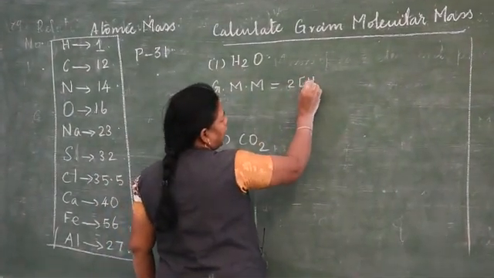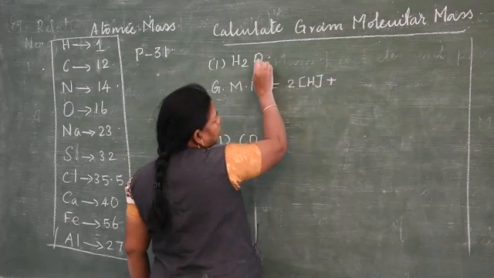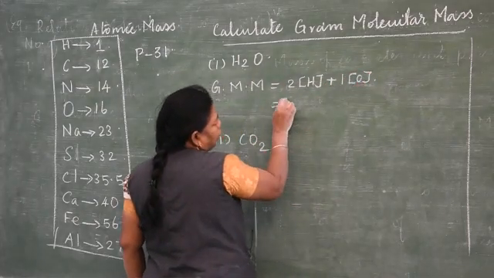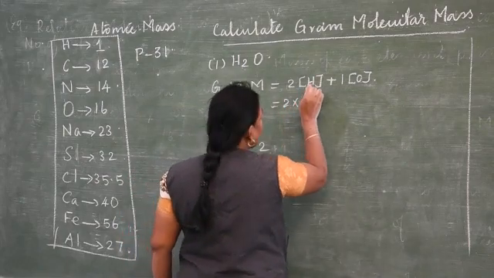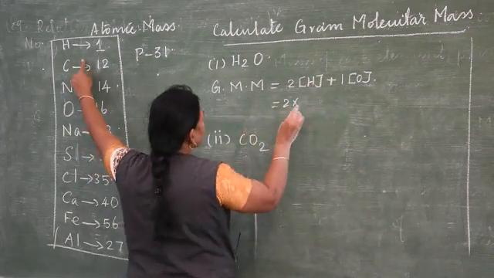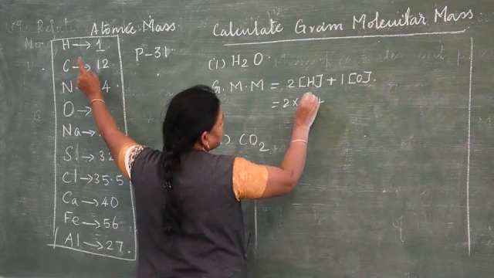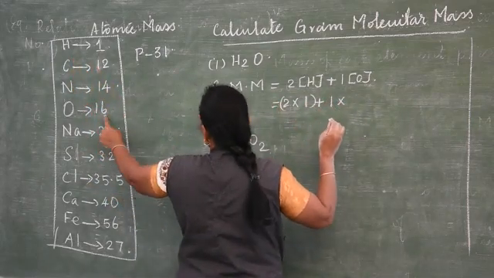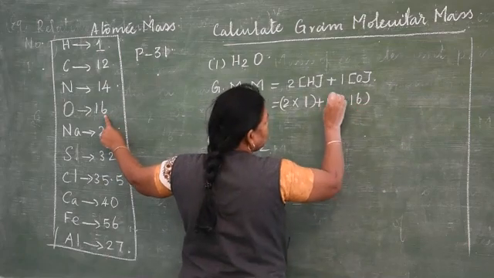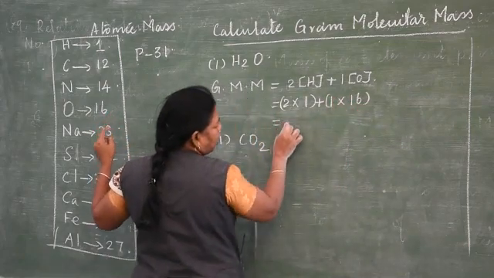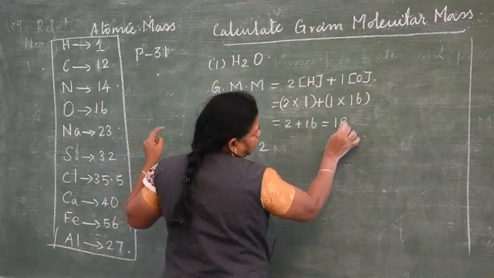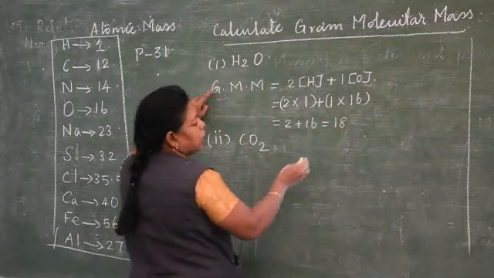And how many oxygen atoms? 1 oxygen atom. Therefore 2 into what is the atomic mass of hydrogen? Atomic mass of hydrogen is 1, plus what is the atomic mass of oxygen? Oxygen 16. Therefore 1 into 16. 2 into 1, 2. 1 into 16, 16. 2 plus 16, 18. That should be mentioned in gram.